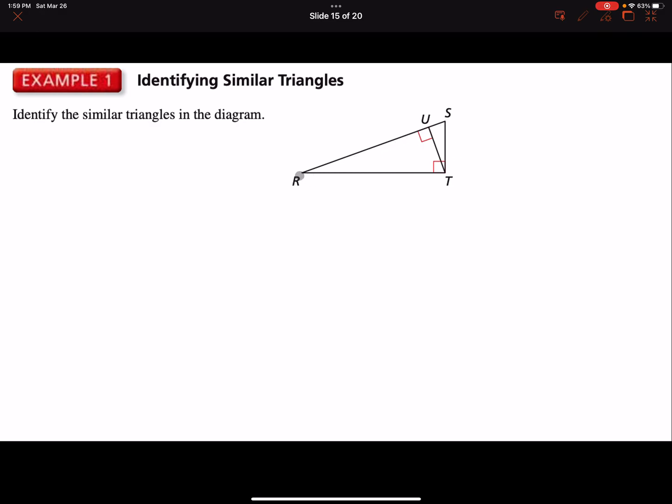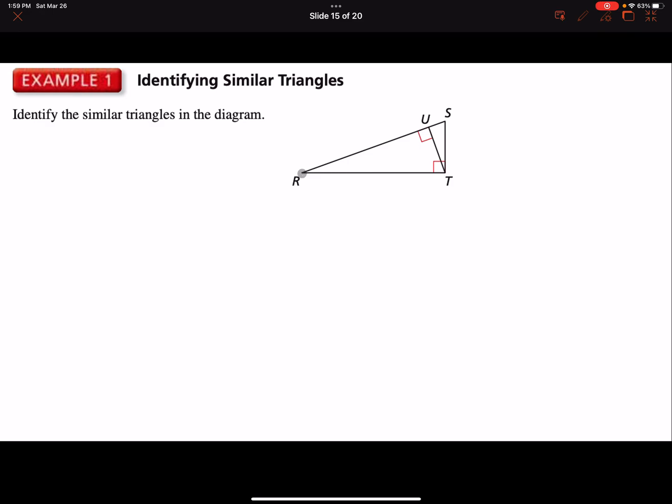It's going from the top vertex to the right angle, to the next vertex, back up the hypotenuse, okay? If I'm going to go with this triangle here and say that it's similar to RTS, I need to call this RUT. Yes, I understand that spells rut.